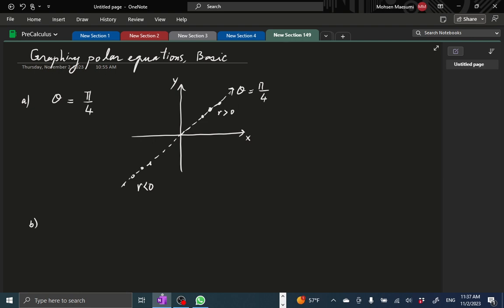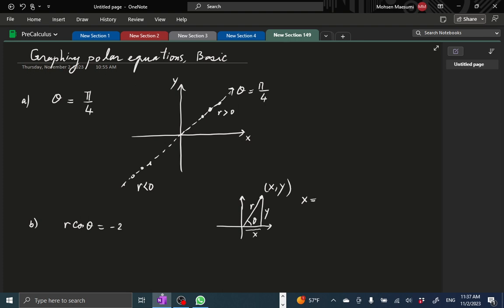The other question, so that was like part A of it perhaps. Part B of it would be, say, r cosine of theta is equal to, say, minus 2. Let's just quickly refresh our memory as to what the story was. If we have an angle theta and a radial distance r, and this is the point with coordinates x, y in Cartesian, then this is my x and this is my y.